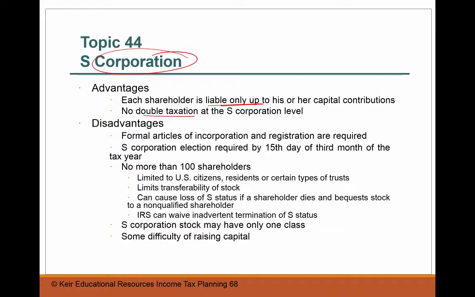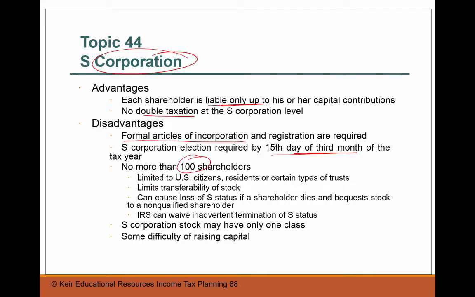The assets have to be under a certain threshold, but you file an 1120-S as your tax return. Then a K-1 flows through to the individual tax returns. Some disadvantages: you still have to have the formal articles of incorporation, and a registration is required. You have to elect the S Corp status by the 15th day of the third month.